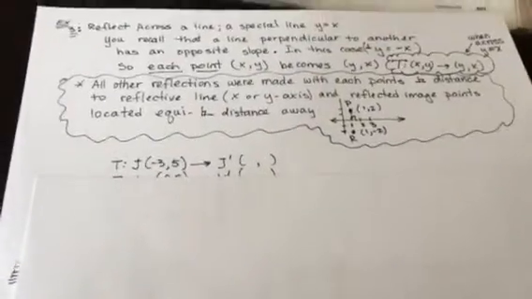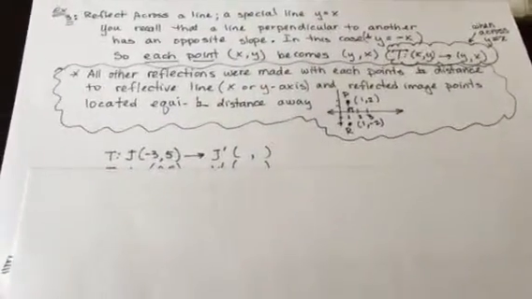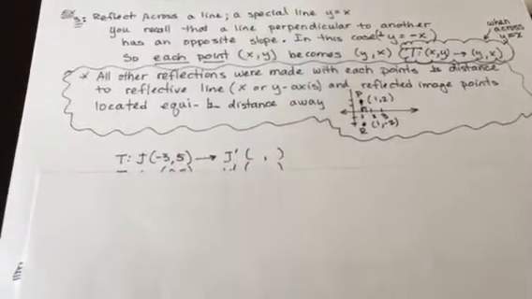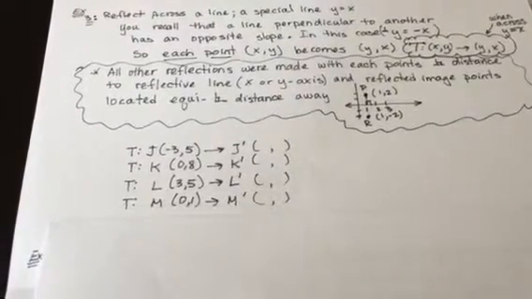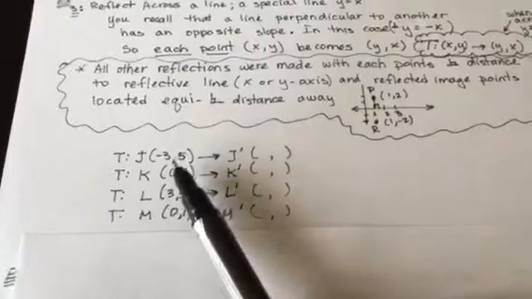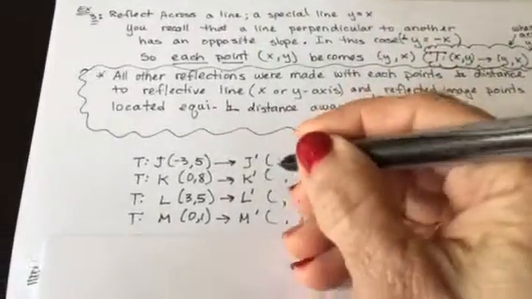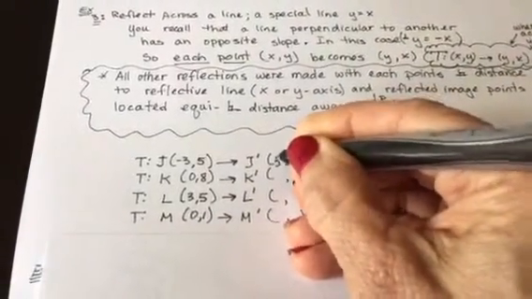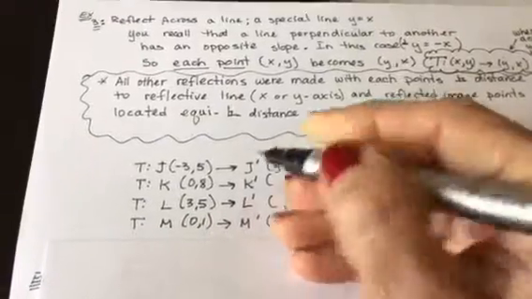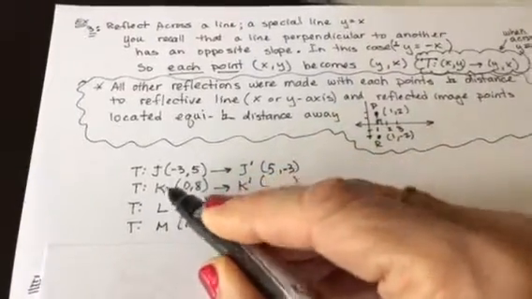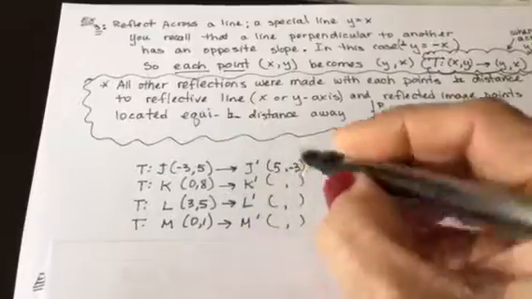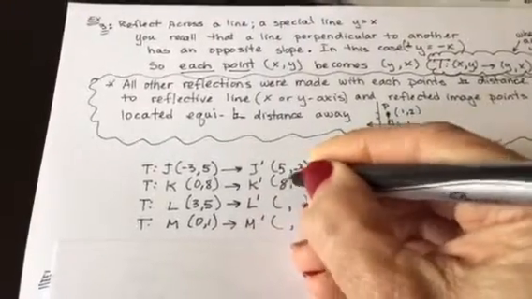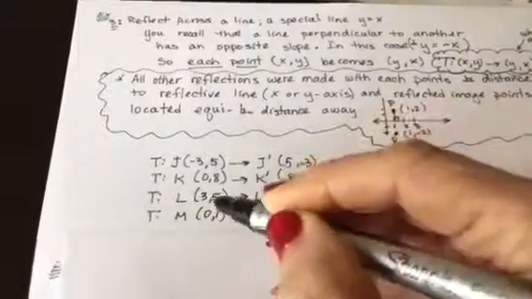In this case, we have the letters J, K, L, and M. The transformation of (minus 3, 5) becomes (5, minus 3). The reflection upon y equals x for K being (0, 8) becomes K prime, which is (8, 0).